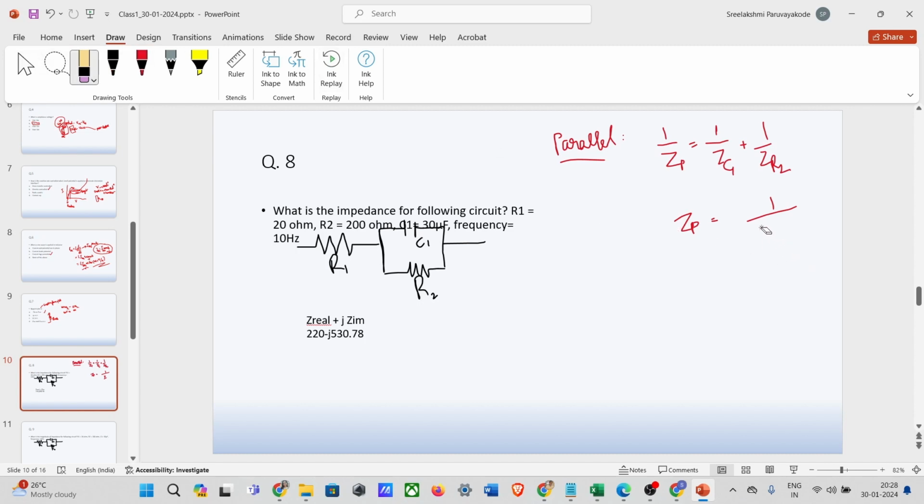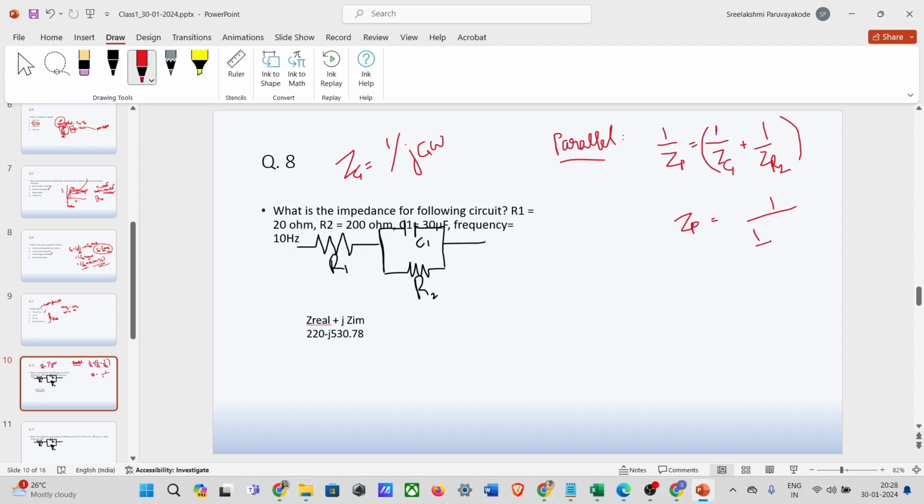What is ZC1? The impedance due to the capacitor is 1 by JC omega, don't get confused. So it is 1 by JC1 omega. Substituting over here, I've just taken the reciprocal, so this entire thing comes over here.